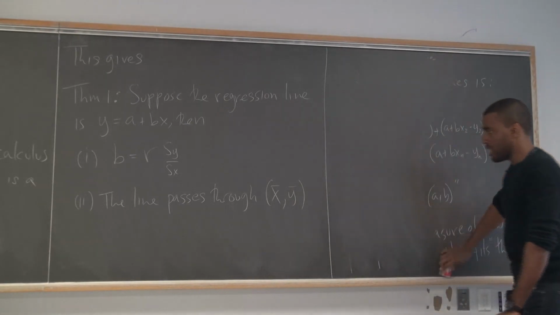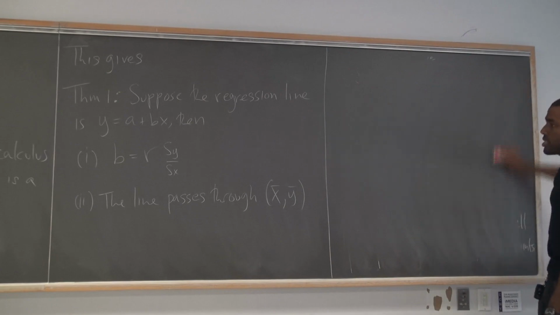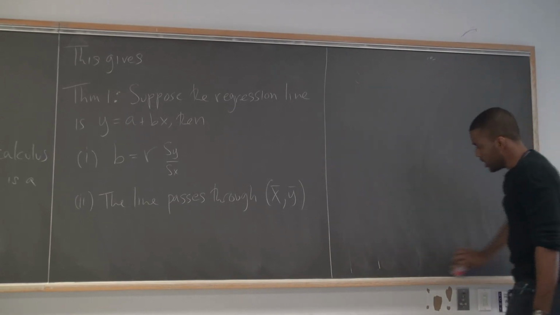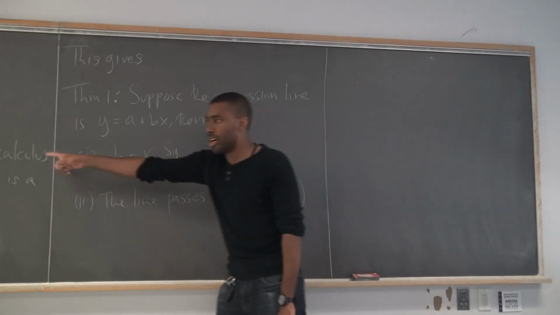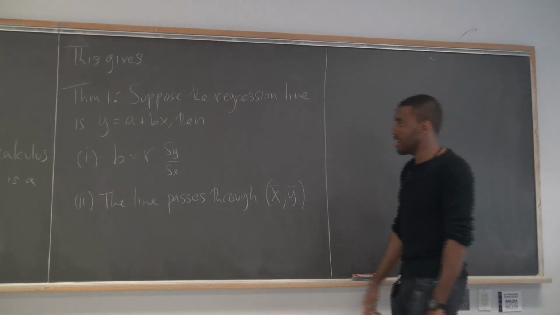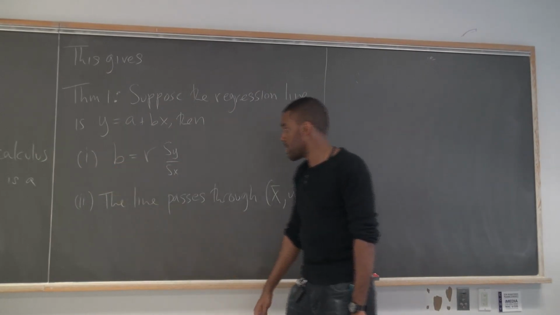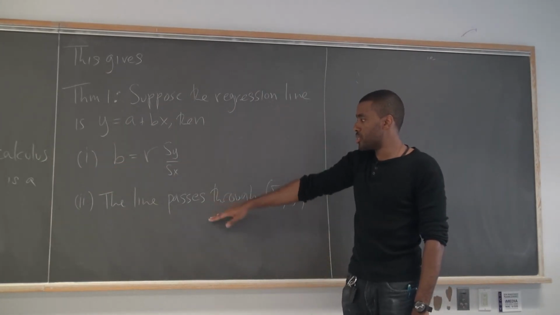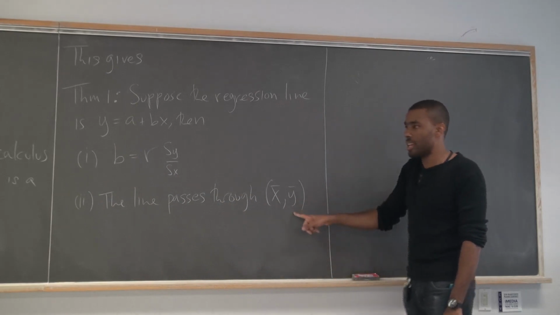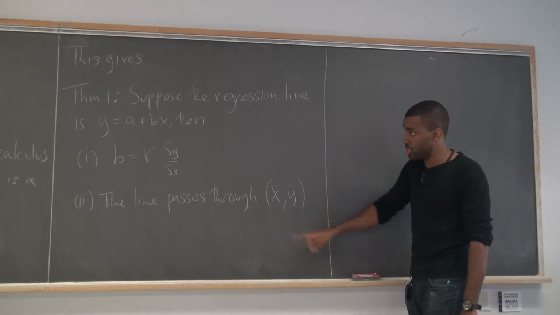Right, so remember back in Calc 1 when you had a function you wanted to find the minimum value, you find the derivative, set it equal to 0, do all that stuff. If you do the equivalent thing in Calculus 3, which you've never taken so you won't know, you can pretty much minimize this function that I mentioned, and you will come up with these two results. You can actually figure out the point that the line will pass through will be the coordinates of the averages, the means.